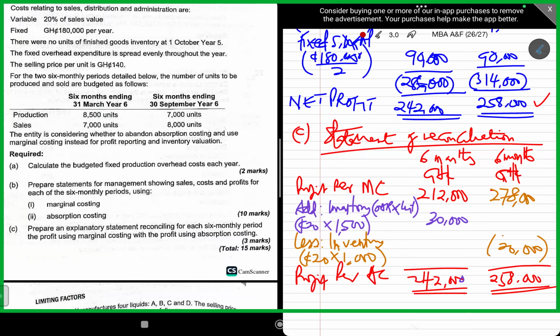So marginal costing will come first. Then you leave about 4 spaces, you don't know how the space will be, and then you write absorption costing profits at the bottom. We are reconciling marginal cost profits, and so instead of writing profit per marginal cost, you can write marginal cost profits, absorption cost profits. That's all. Are you good? Yes, I'm good.